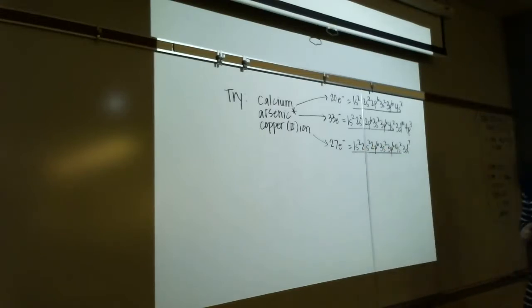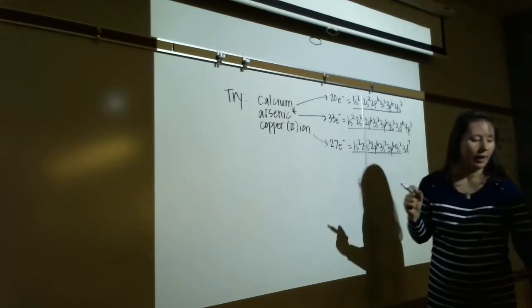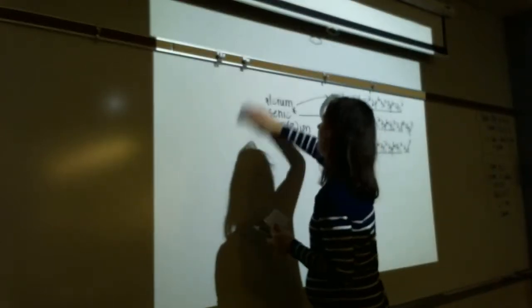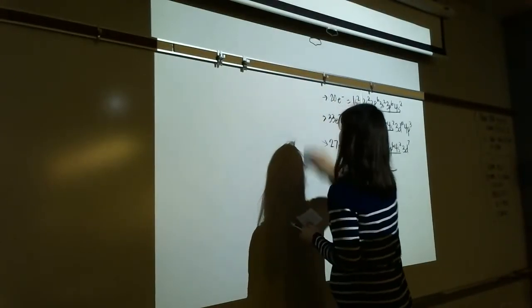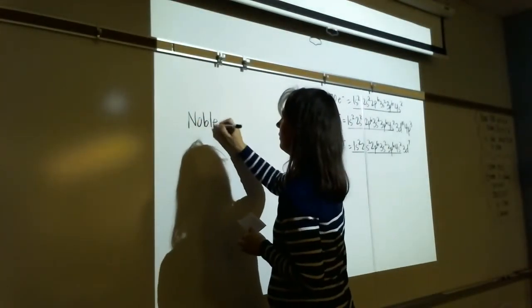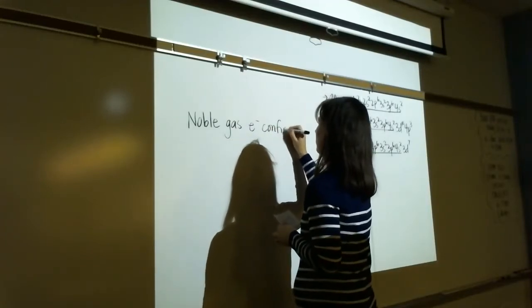So we can actually abbreviate our electron configurations severely. The way you do that is called a noble gas electron configuration. Noble gas shortcut. So it's a shortcut.